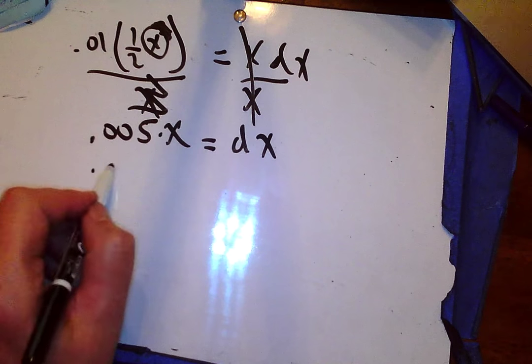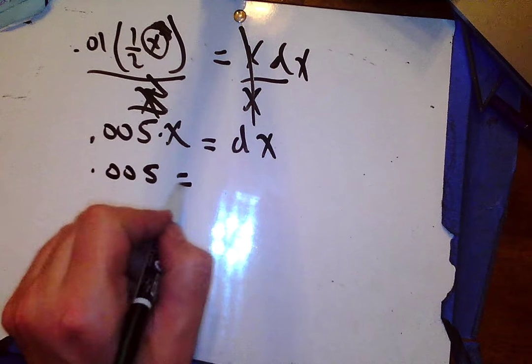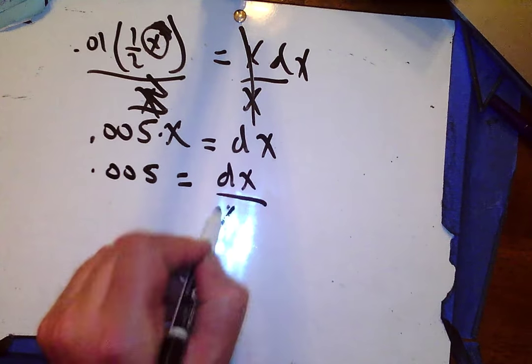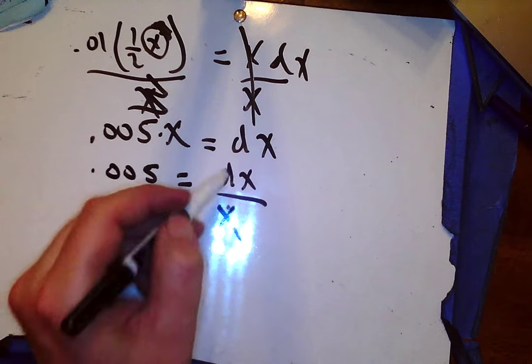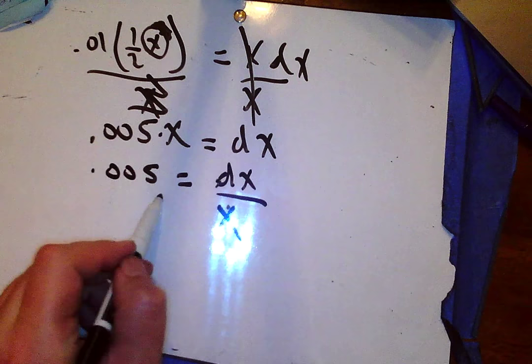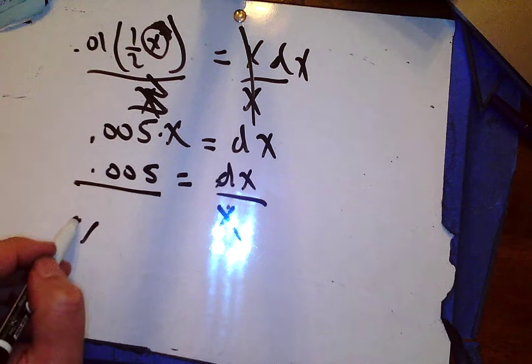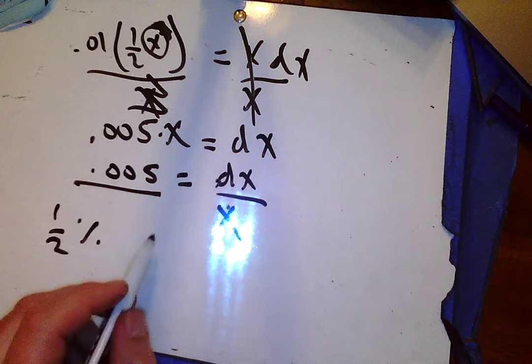Or if I divide both sides by x, there it is again. What percent of the actual side length is this error in side length? And we see within 0.5%.